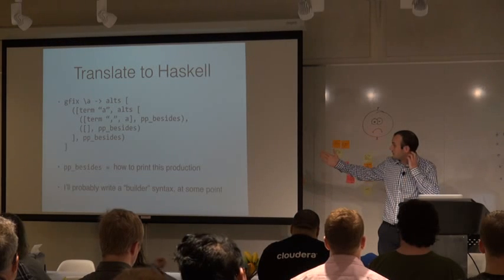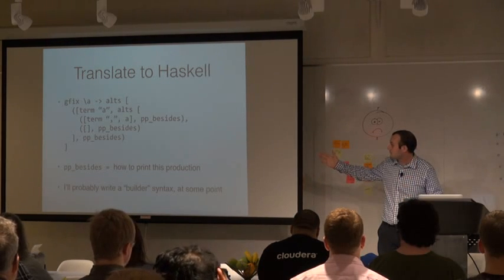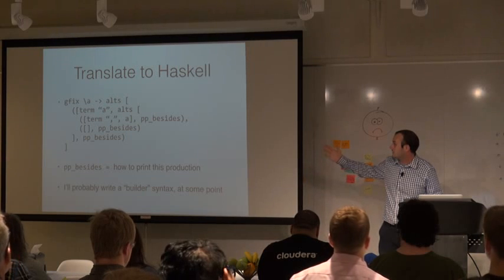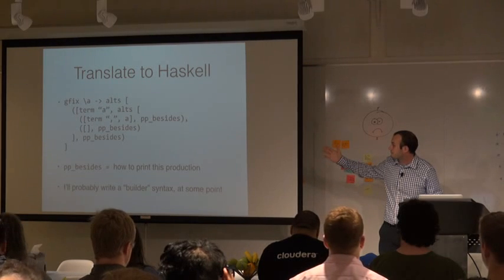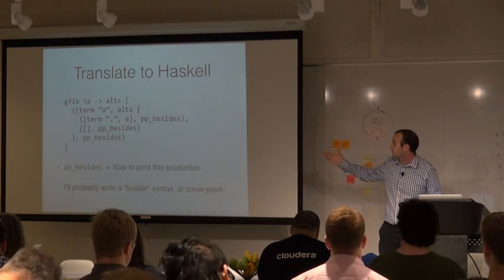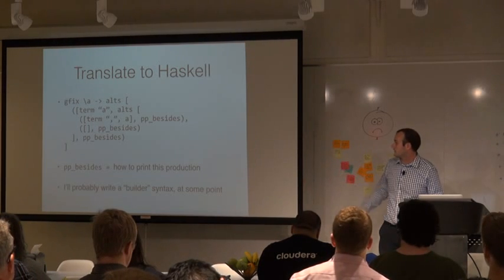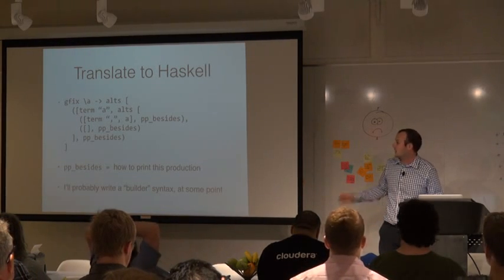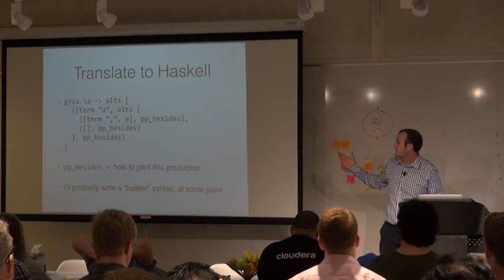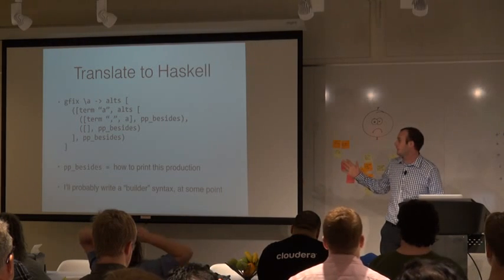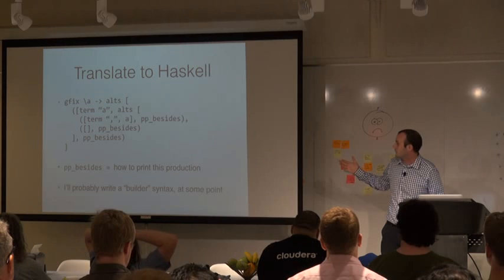Alts, so that's alternatives. And this is just a single alternative. So the only alternative is term A, which means just a string A. And then the second element of that alternative is another alternatives.